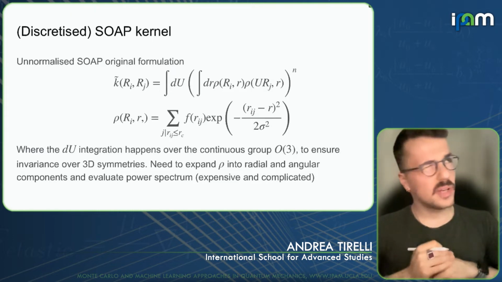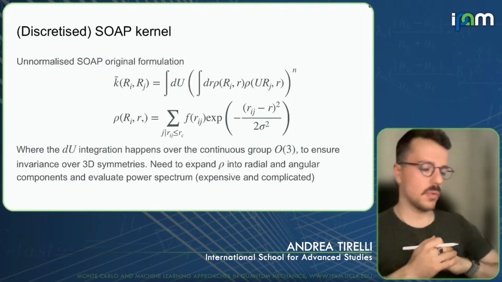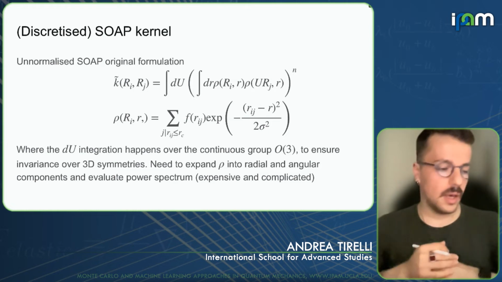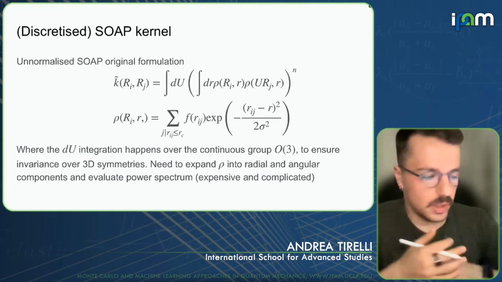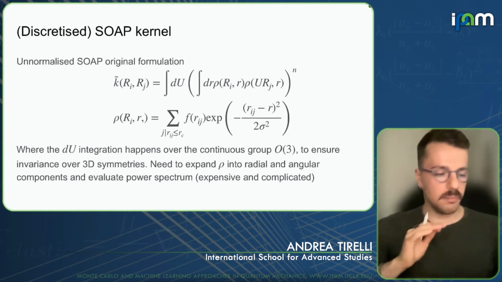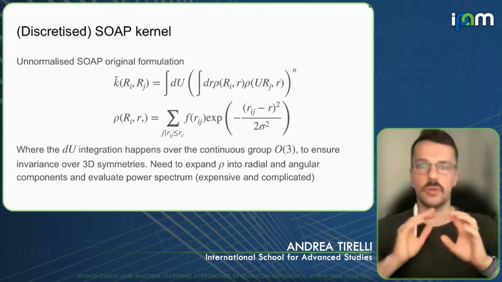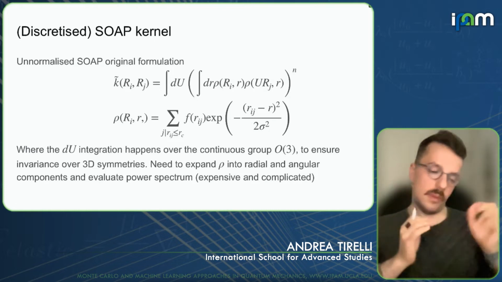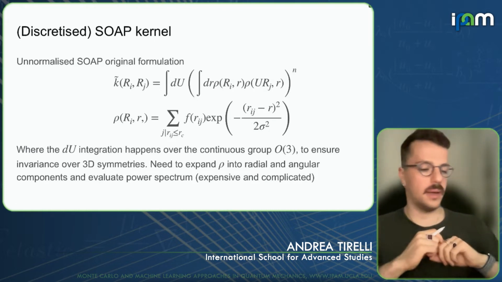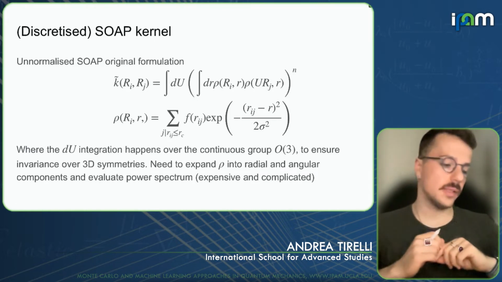I don't remember the exact year in which the first paper was published, but it's not something new. And bear with me for a second. I'm just going to ignore normalization constants here, because this is not quite what I want to stress here.